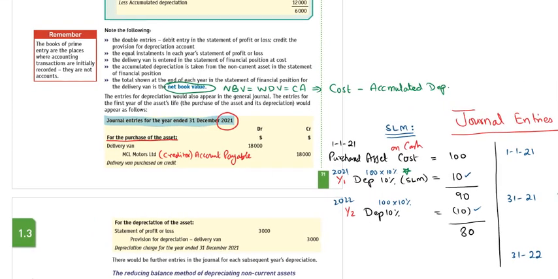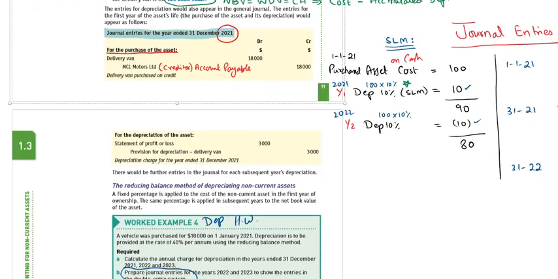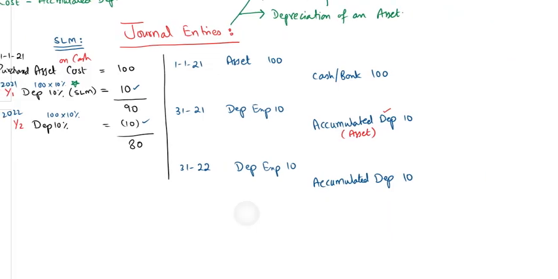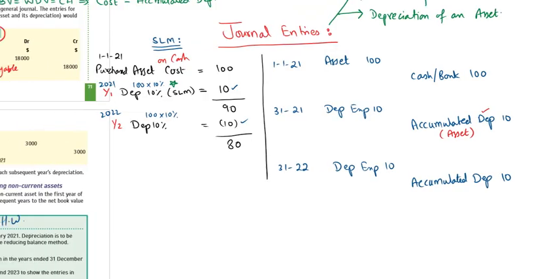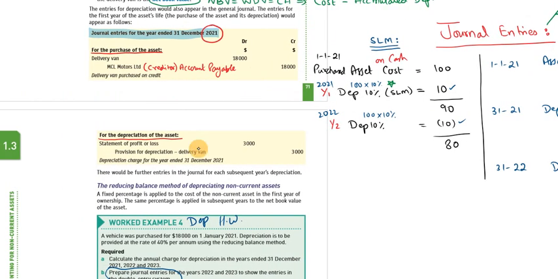And the other entry of 2021 will be the depreciation of the asset. So the depreciation entry will be depreciation expense debit and accumulated depreciation credit. And if we want to transfer this to the profit and loss account, the entry will be statement of profit and loss account debit and provision for depreciation or depreciation expense credit.